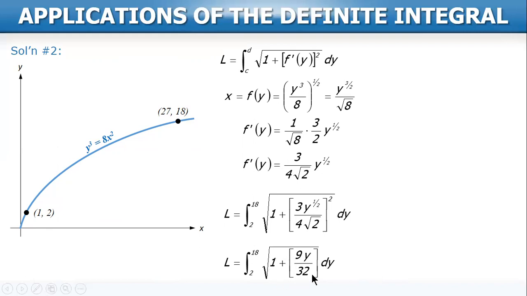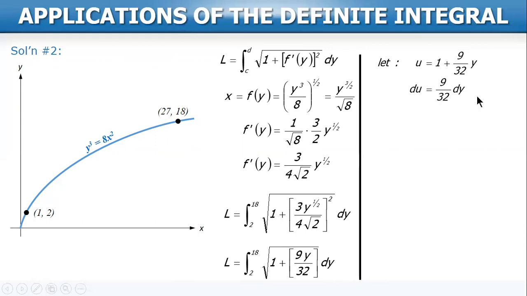This is just u substitution. So, let u equal 1 plus 9 over 32 y. du is 9 over 32 dy. So, upon substitution, square root of 1 plus 9 over 32 y is simply square root of u. And then dy is simply 32 over 9 du.